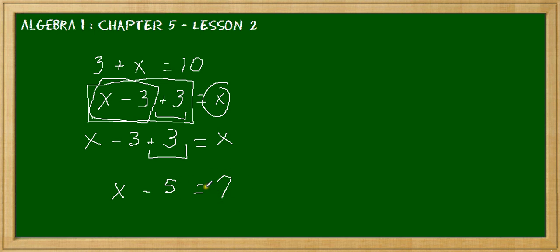Sorry, my 7's a little funny there. What number would we subtract 5 from? Or as they say, the number from which 5 must be subtracted to give 7? The answer for this would be 12. This is the expression that would show it, but the answer would be 12.